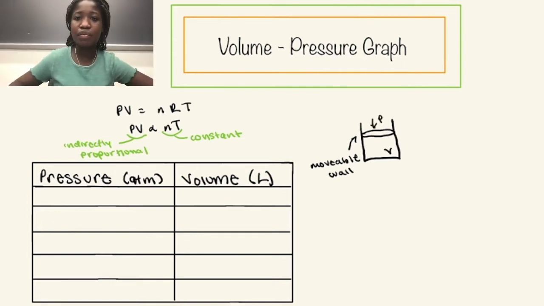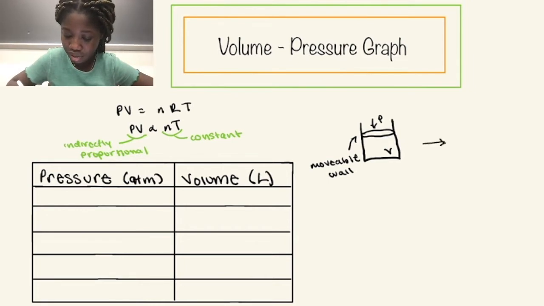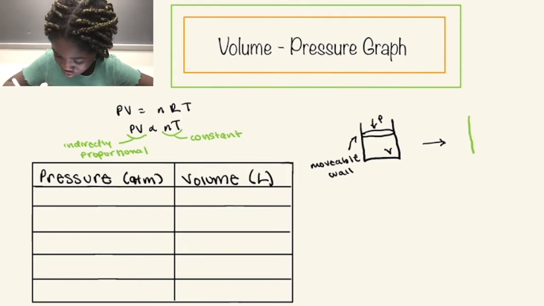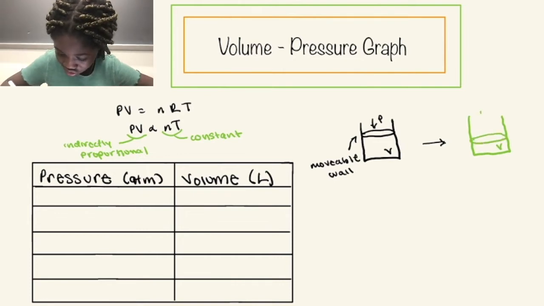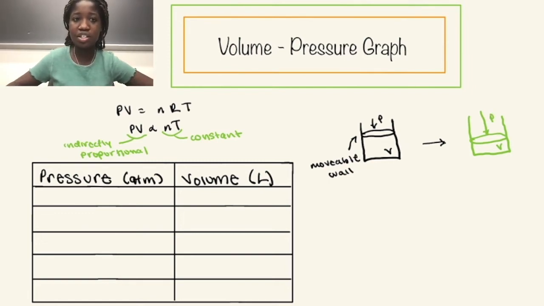However, let's say that we decide to increase the pressure. Now our chamber will look something like this. And as you can see, this increase of pressure caused a decrease of volume.